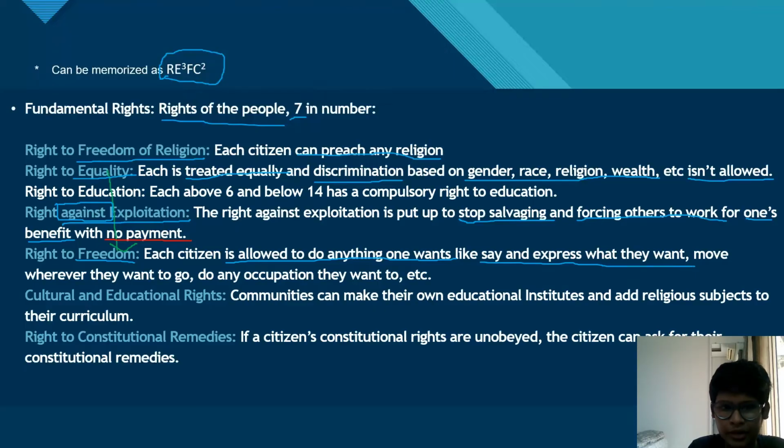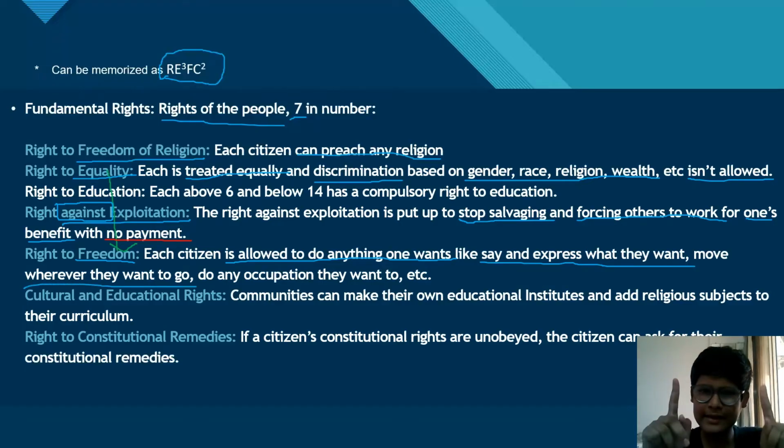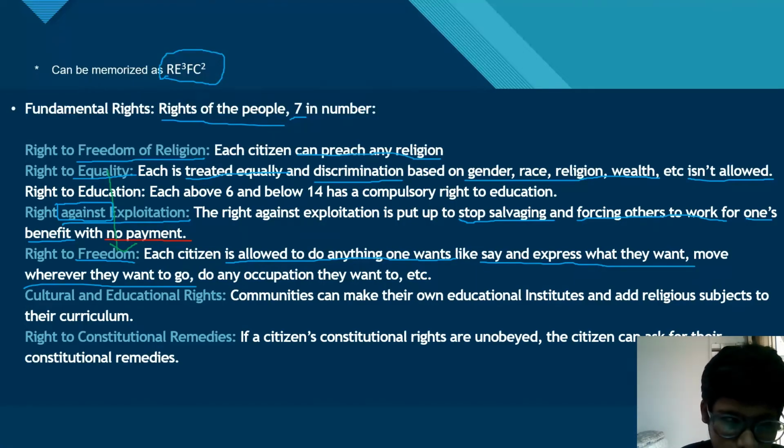Then move wherever they want to go in the territory of India without a passport and visa and all. Okay, wait, maybe a visa. Yes, maybe a visa. I haven't been on a private plane or something. Okay, so do any occupation they want to.